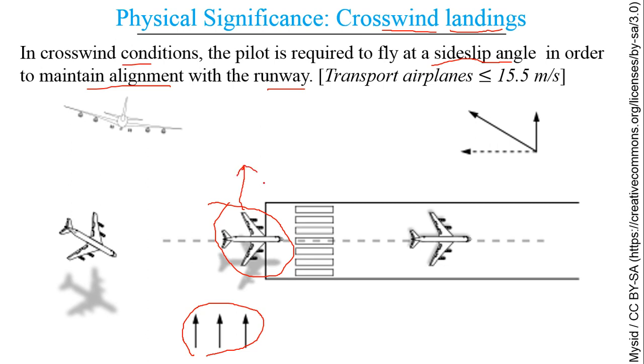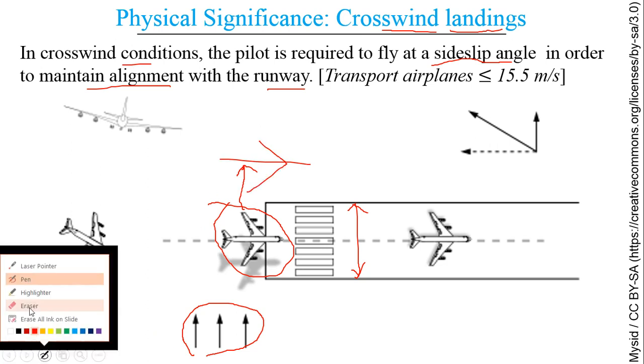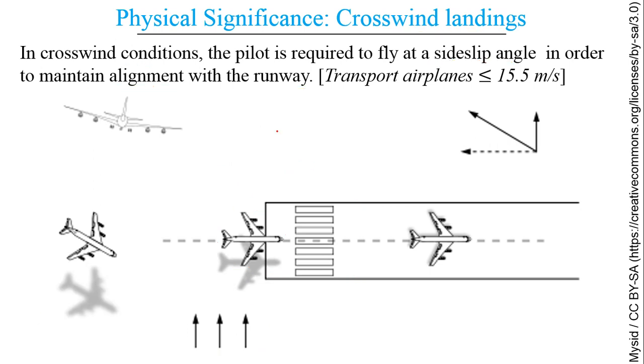The runway, as we know, is limited. So we have to land within this particular width, and if it isn't compensated, then the aircraft gets drifted off the runway. This is an unintentional situation, so we need to avoid it. That is why pilots use the side slip angle and restoring yawing moment to align with the relative wind.